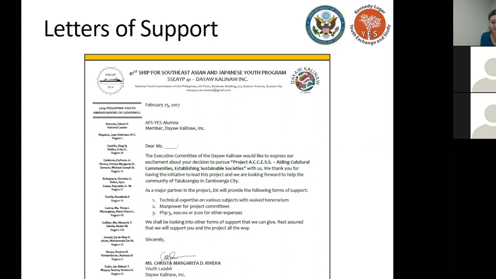It must be on letterhead, and the letter needs to show that the partner is familiar with your project, and it also gives a monetary amount of their contribution toward your project. That doesn't mean that all project partners are contributing money directly, but if they are giving you goods or resources or someone's time, then the letter needs to indicate what that contribution would be worth in money terms.